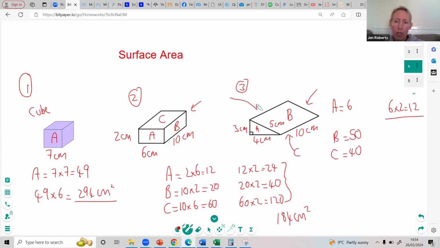And rectangle C at the side here, 3 times 10, 30. Now, I've got my 2 triangles and my 3 rectangles. Let me add all of those together. Gives me my total surface area is 132 centimetres squared.